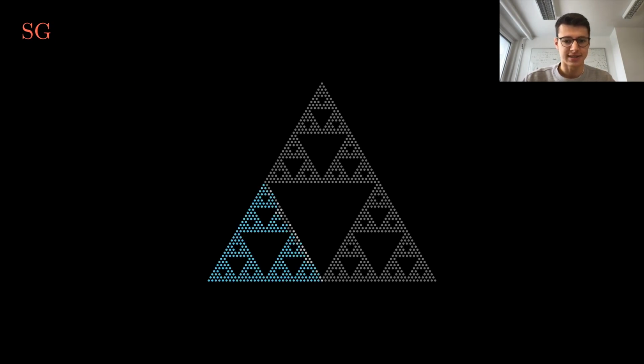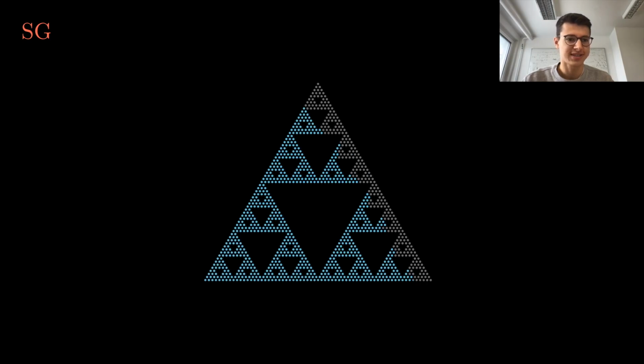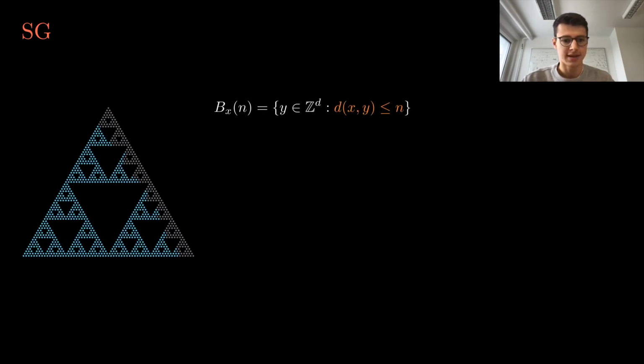We can see that the cluster is spread very evenly over the copies. And actually this grows according to a ball as well, just in a different metric. In this case, the balls are defined with respect to the graph metric, which is the d(x,y) here. The usual graph metric is just the shortest path distance between two vertices.